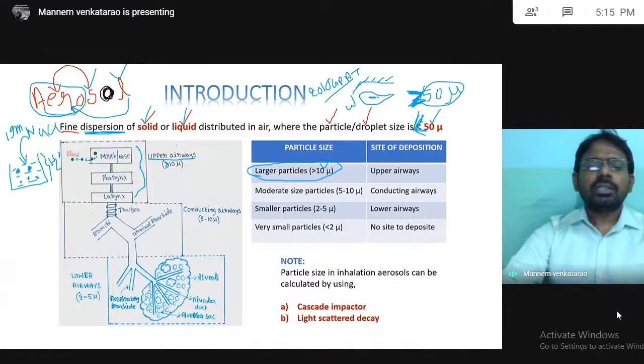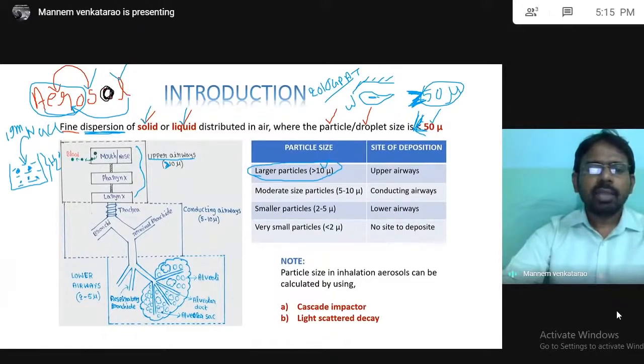Once any dust particle enters into the tissues, is it deposited in the tissue? No, it is rapidly eliminated by reflex mechanisms like coughing or sneezing. That's why this greater than 10 micron particle will either deposit or be exhaled from these tissues.